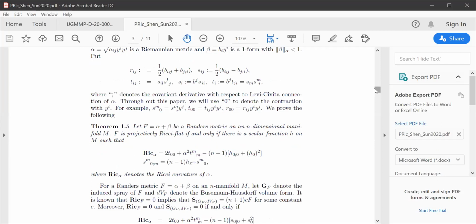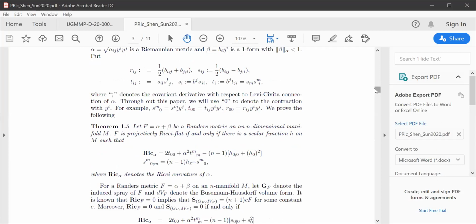For alpha beta matrix, project Ricci-flat ones, I don't remember somebody did that. But I think someone should write a paper on that. Hopefully you can determine that.